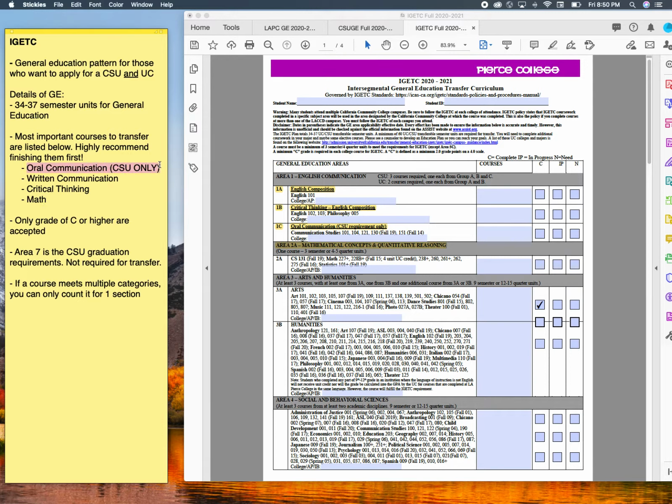Obviously, for oral communication, it's not required for the UC, so they won't look at that, okay? But pretty much, if you don't have those classes, they're going to automatically deny you, even though you have a 4.0. So we always, always, always encourage you to please finish these classes first.